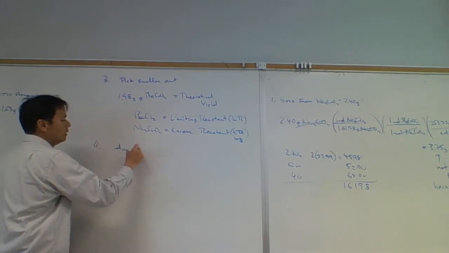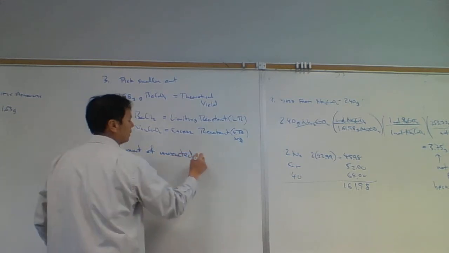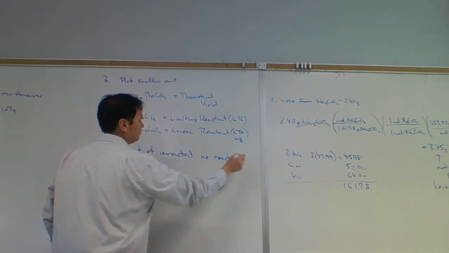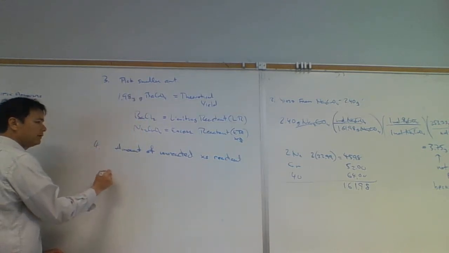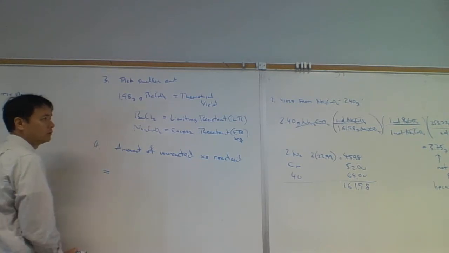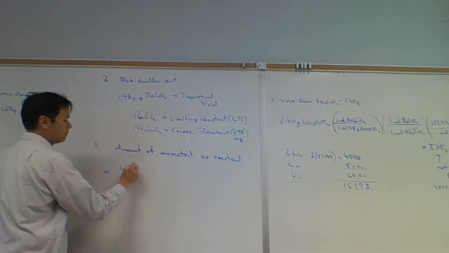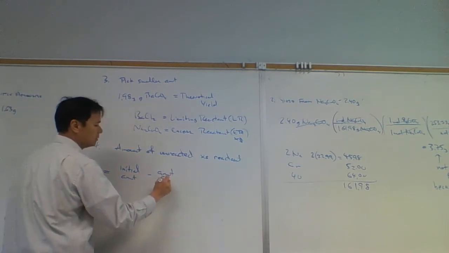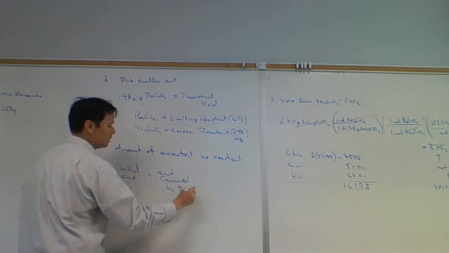The amount of unreacted excess reactant is equal to the initial amount minus the amount consumed by the LR, the limiting reactant.